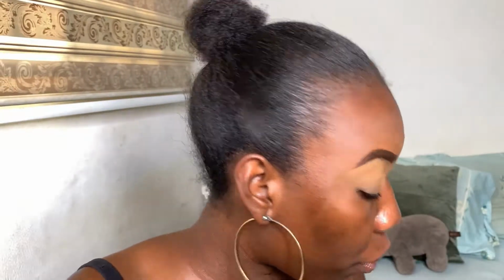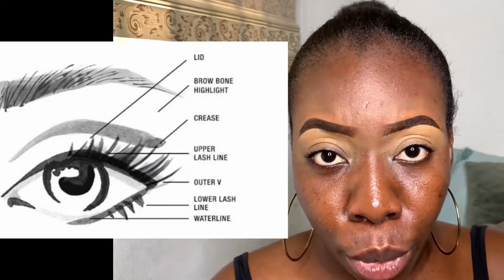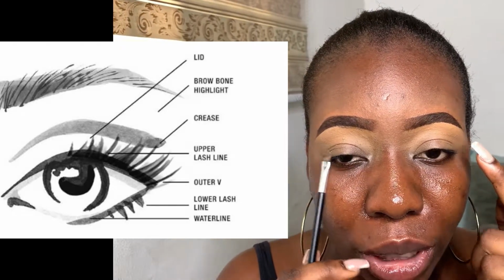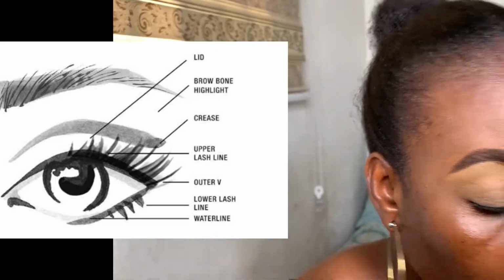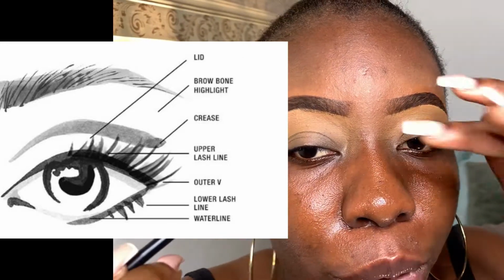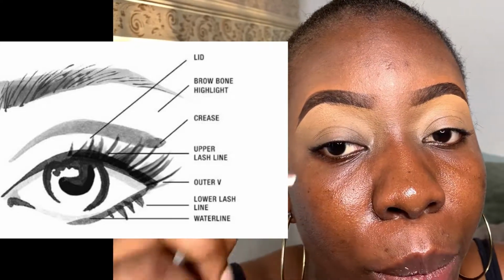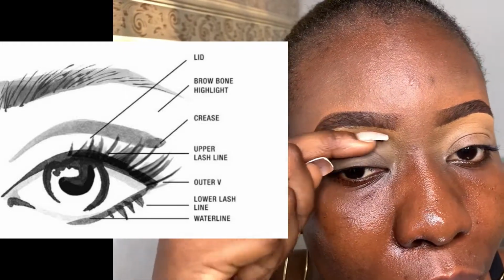Okay, so first thing first, you need to identify your eyelid. When you look up and look straight, the visible part you can see is called the eyelid. The easiest way to understand it is place your hand here and feel the socket in your eyes.